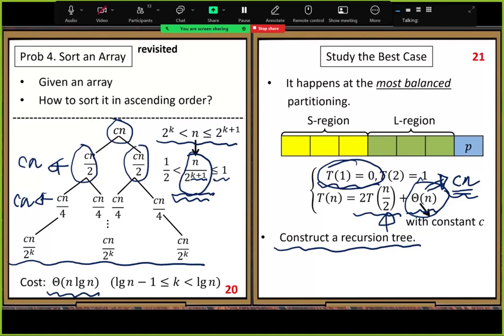But it's not easy to use the same idea, the tournament method that we used for the second largest, to solve the question of finding the third largest.